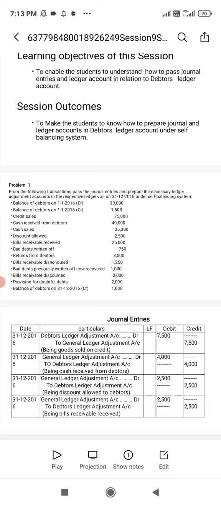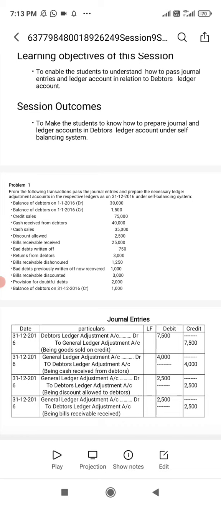Balance of debtors on 1st January, we have to enter as to balance brought down on the debit side. Balance of debtors as on 1st January credit balance is again by balance brought down on the credit side. Credit sales you have to enter straight away under the debit side of the debtors.